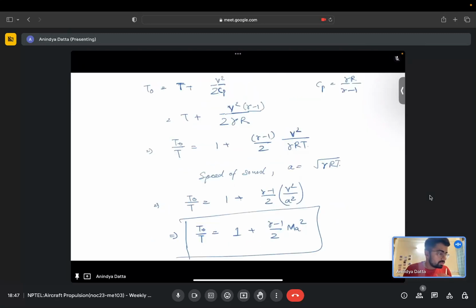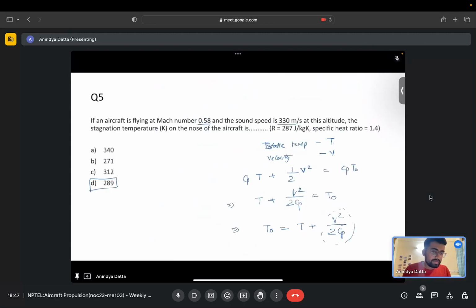Just to repeat the idea of stagnation temperature: the fluid is brought to rest adiabatically. If you remember the steady flow energy equation, we have enthalpy plus kinetic energy at the initial state, and in the final state you have just enthalpy, which we call the stagnation enthalpy, because there is no kinetic energy.